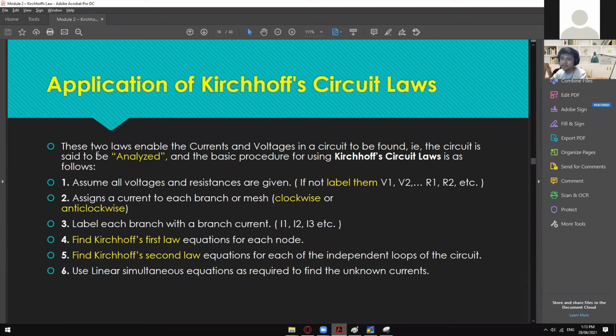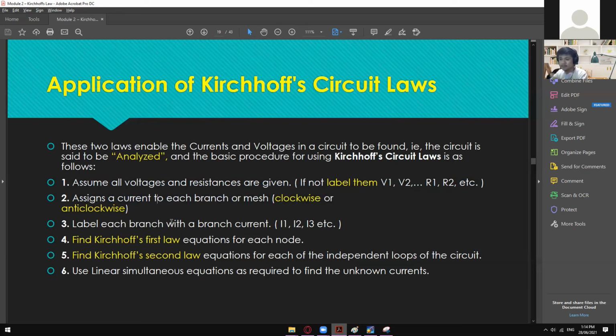Here's just more explanation on how you execute the process of Kirchhoff's circuit law. The first one is the most common thing that we do, but either step 1 or step 2, you can interchange those two, as long as you have already mastered the things you need to do in solving Kirchhoff's circuit law.